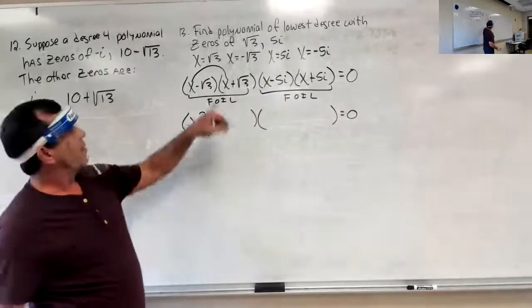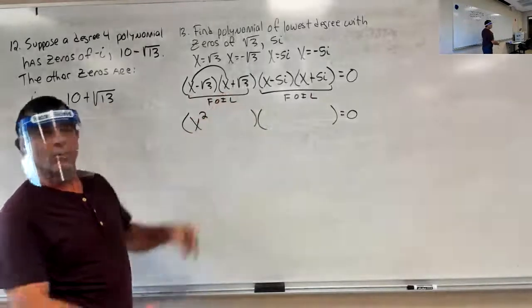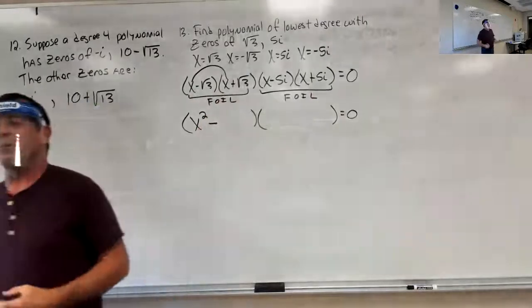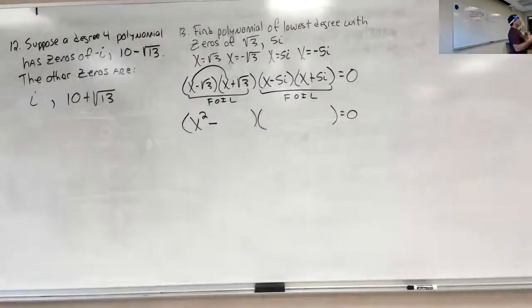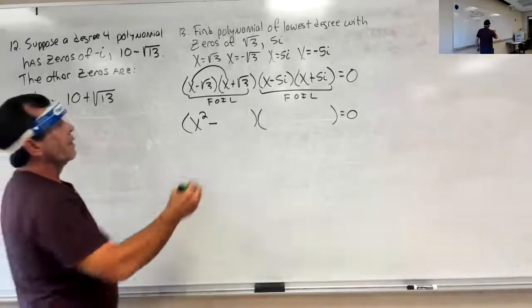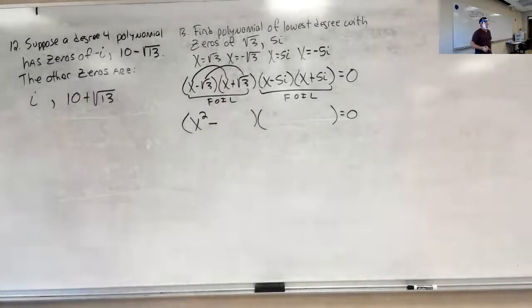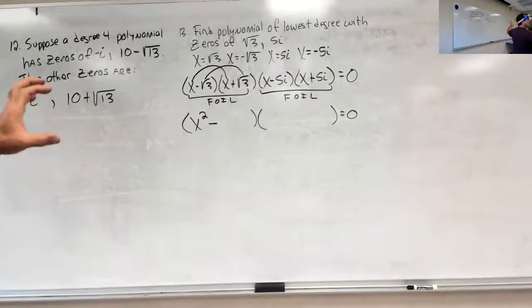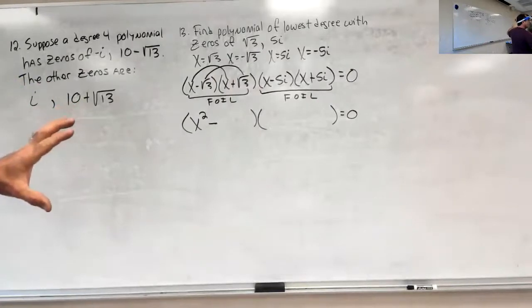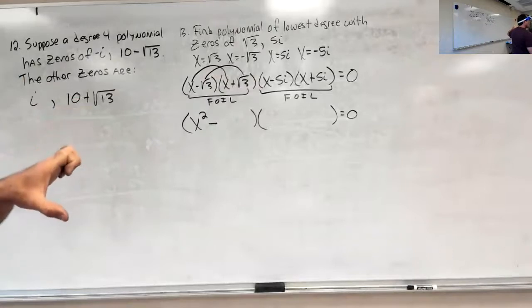Now watch this. The positive times a negative is going to make this negative no matter what. Whenever you FOIL radicals, you're always going to get a negative in the middle. So the question would be, what's the square root of 3 times square root of 3? Square root of 9. Well, what's square root of 9? 3.